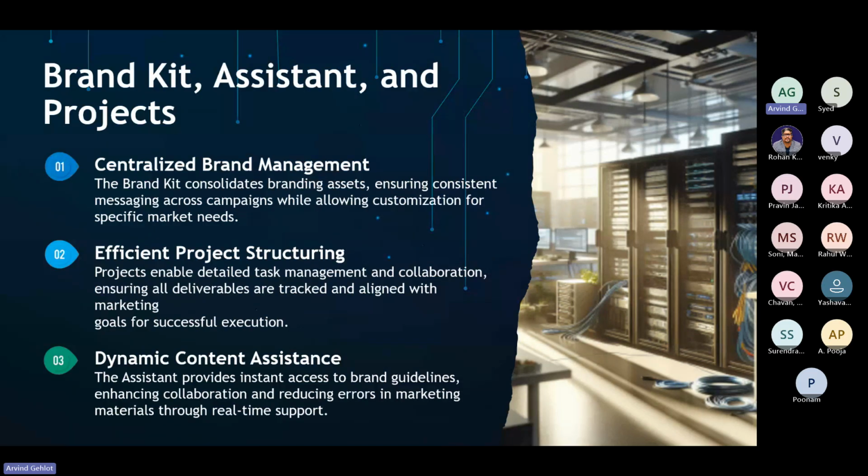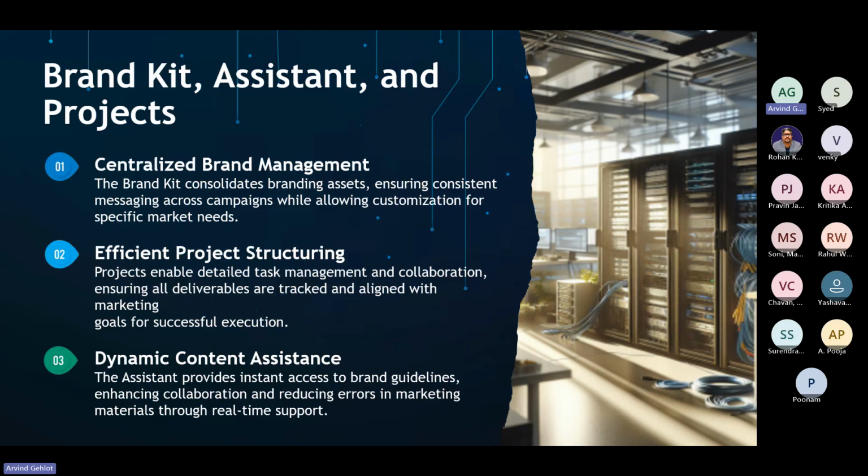Here is how each benefit impacts the business, starting with centralized brand management. That is your brand command center. Brand Kit consolidates all branding assets in one place, ensuring consistent messaging across campaigns while allowing market-specific customization.